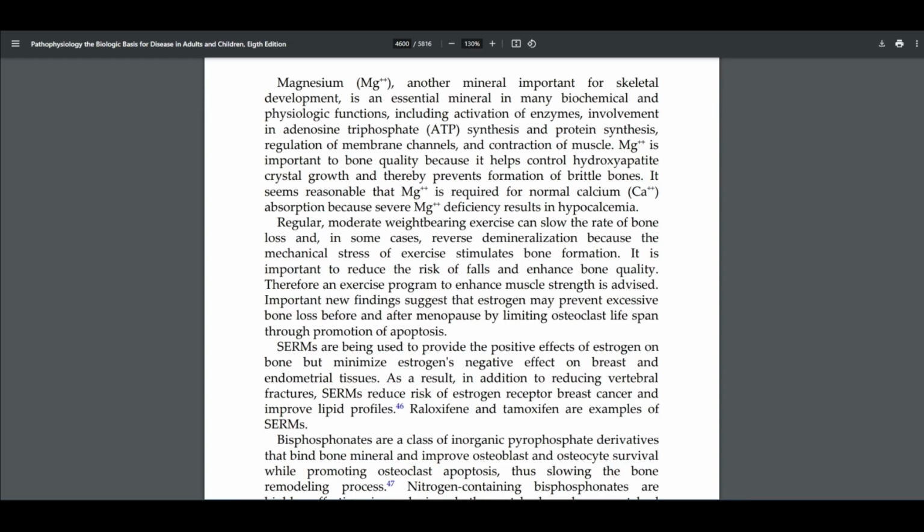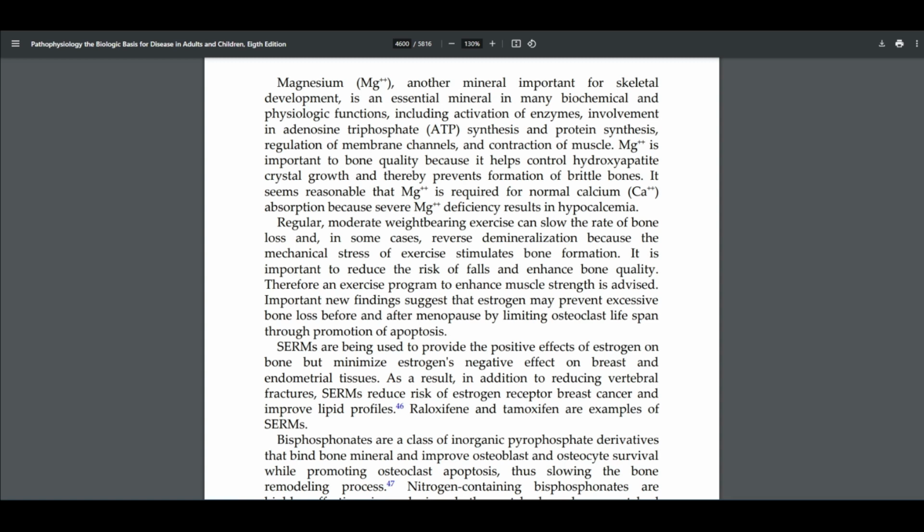Magnesium is important to bone quality because it helps control hydroxyapatite crystal growth and thereby prevents formation of brittle bones. It seems reasonable that magnesium is required for normal calcium absorption because severe magnesium deficiency results in hypocalcemia.